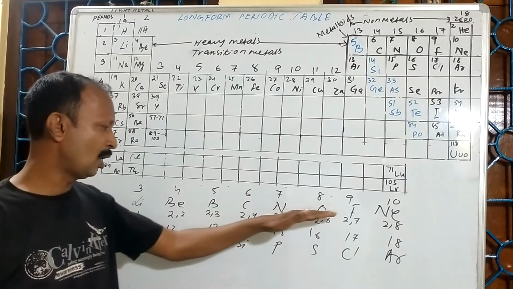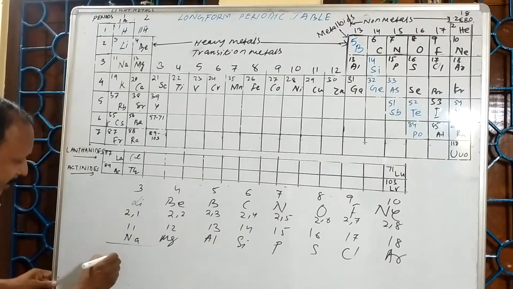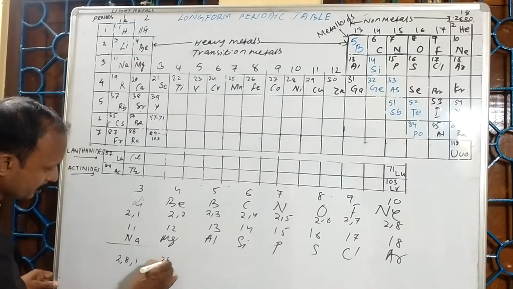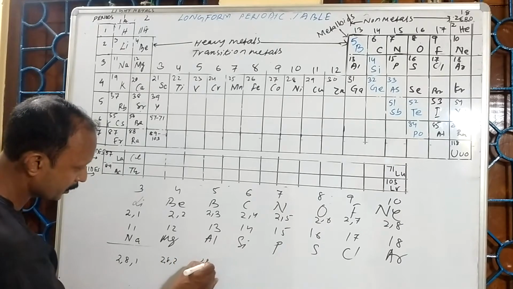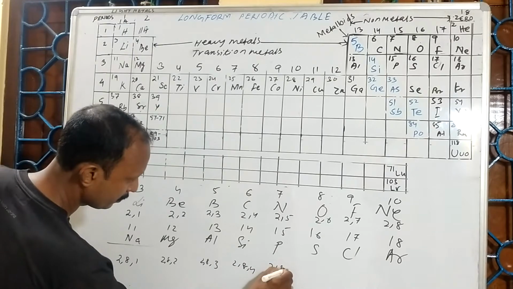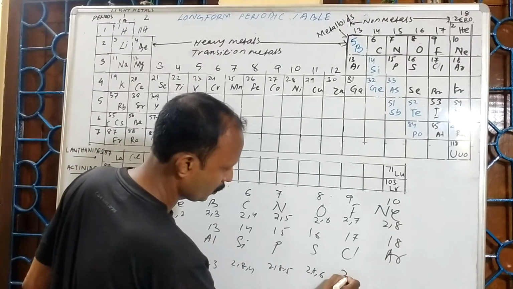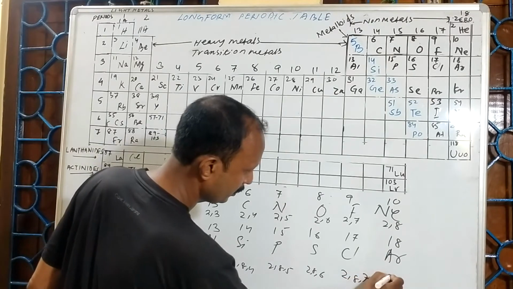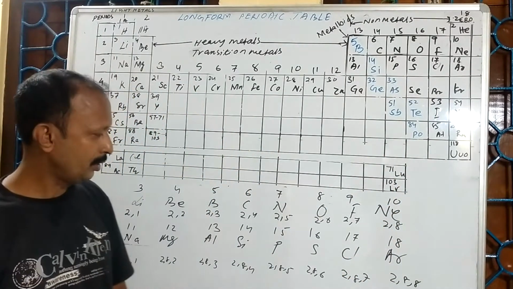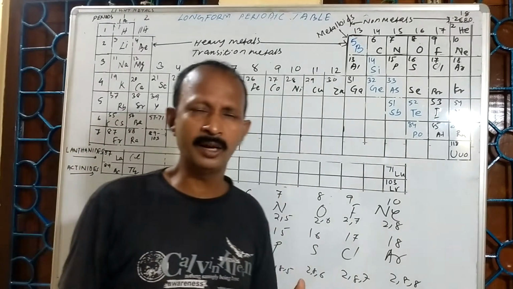These are the electrons in the shells. Similarly, in sodium it is 2,8,1; 2,8,2; 2,8,3; 2,8,4; 2,8,5; 2,8,6; 2,8,7; 2,8,8.